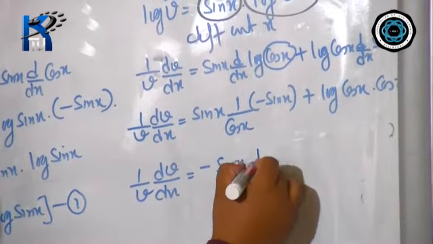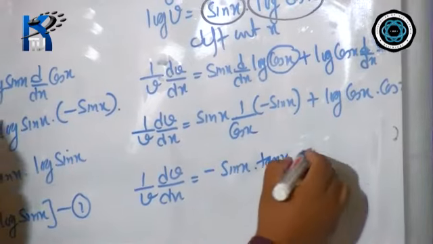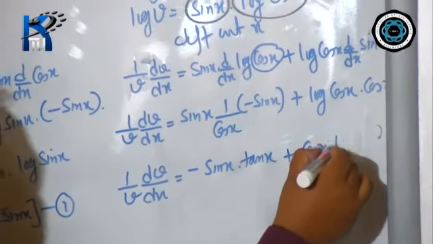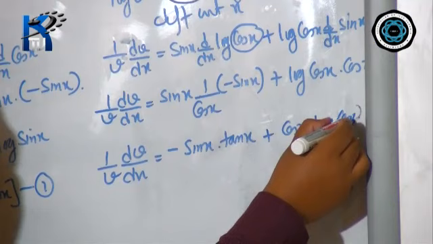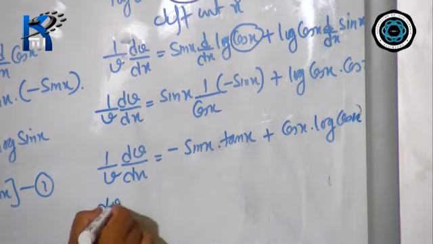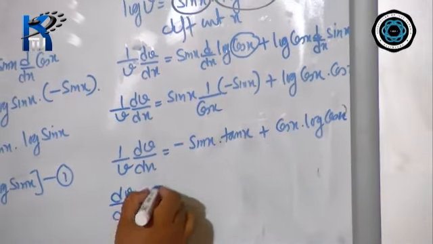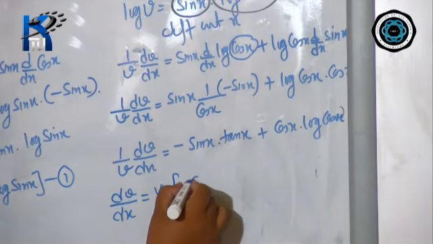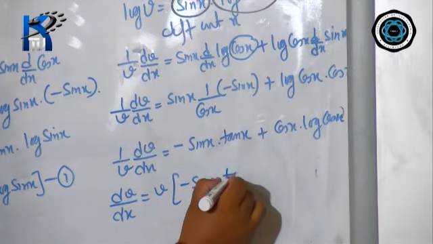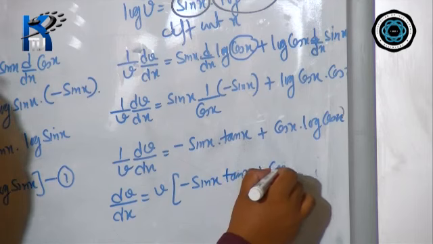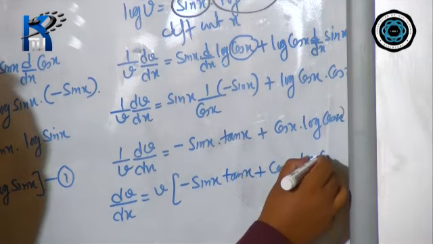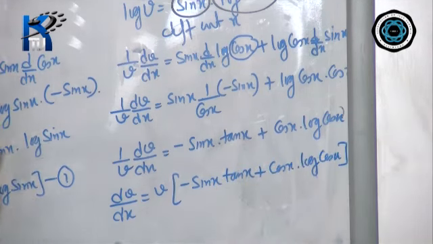What is sin by cos? It is tan x plus cos x into log cos x. So final value, what is dv by dx? V goes up, you get minus sin x tan x plus cos x into log cos x.